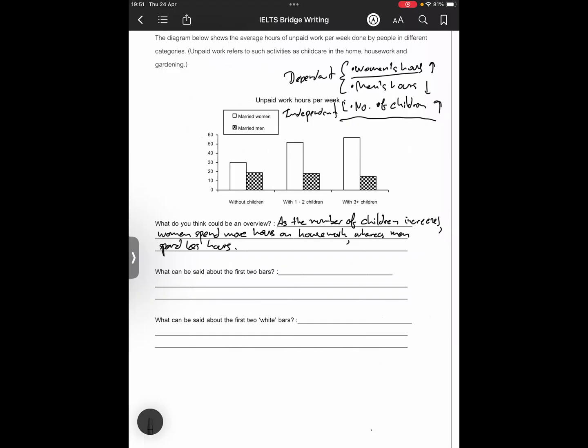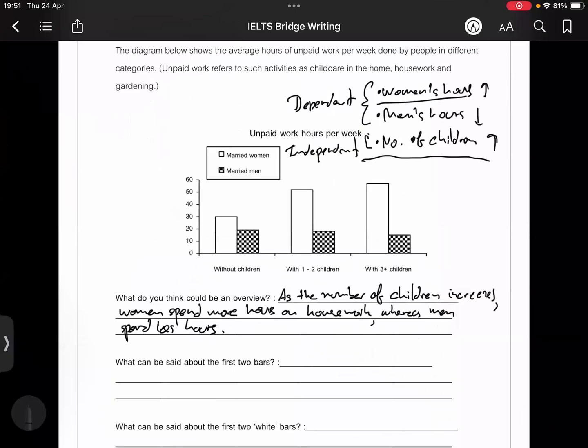Okay, women spend more hours, but men spend less hours.